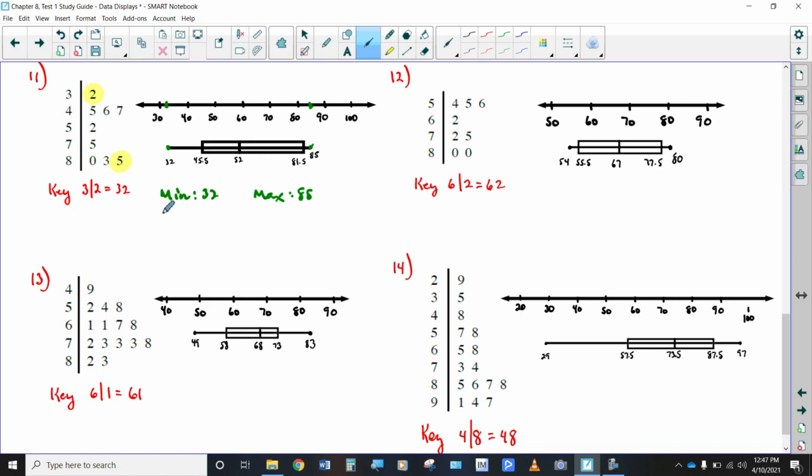All right, now for the median. To find the median, you've got to find the number that's exactly in the middle. So we should count them all up. 1, 2, 3, 4, 5, 6, 7, 8, 9 numbers total. So if I start working from the ends until I eventually get to the number in the middle, looks like the number in the middle is 52. So 52, oh no, no, no. I've made a mistake. That's not where 52 goes. 52 goes right here.